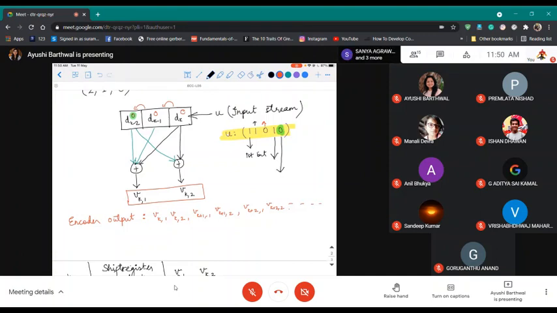There are different approaches that are followed to design such circuits.